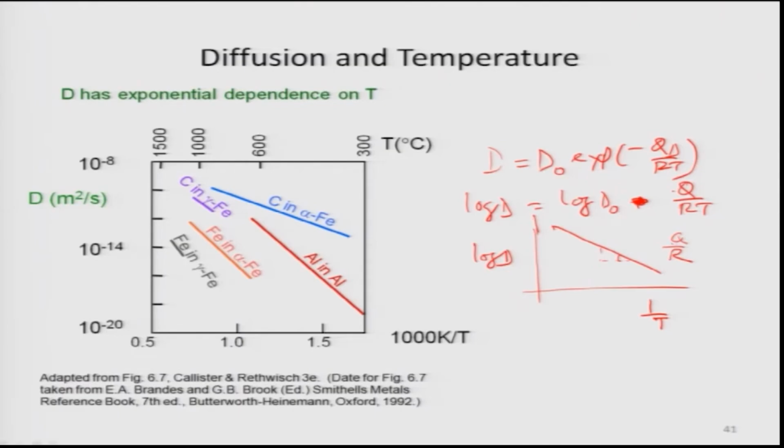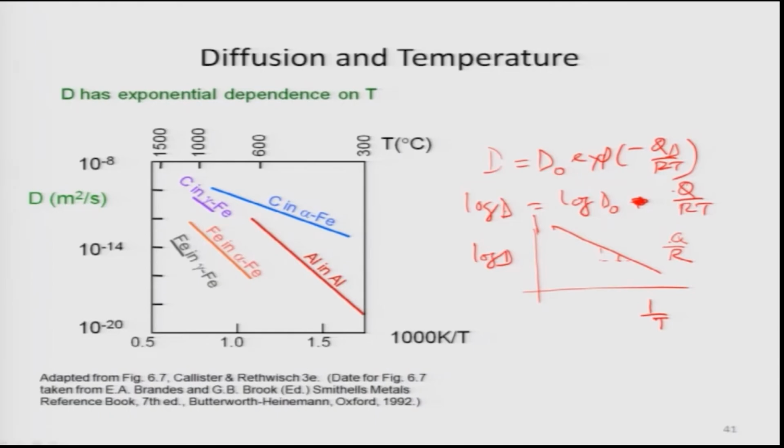Therefore, if I measure D at different temperatures and plot log of D as a function of 1 by T, I should be able to measure the Q. And this Q is very important. The Q tells you what kind of diffusion mechanism is prevalent in a particular material, and that is why Q needs to be measured always.